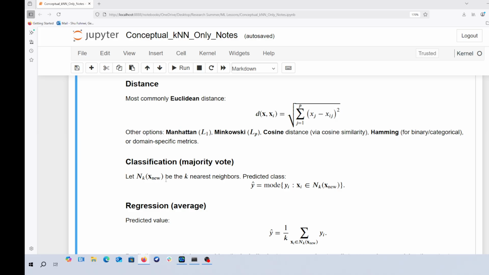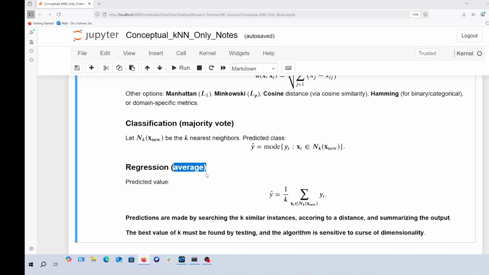So when we pick this, we can find the distances that are closest to this new point, depending on the value of k. And then for a classification-based problem, we look at the mode. Mode here simply means we are picking the majority of points that are closer to this new point, based on the value of k.